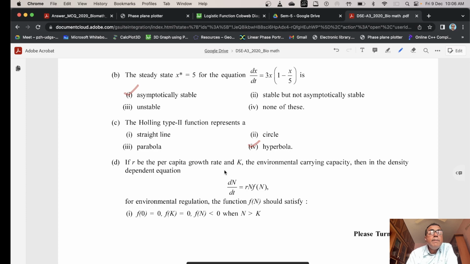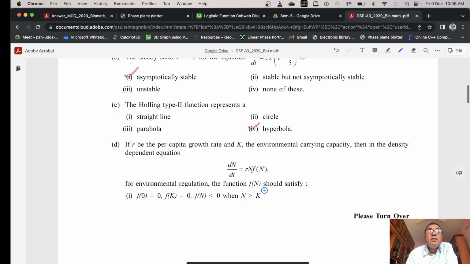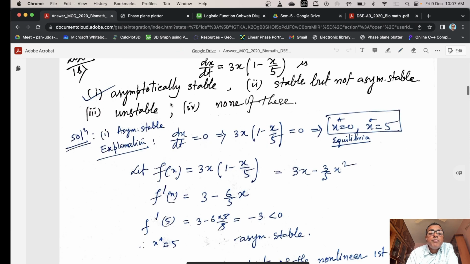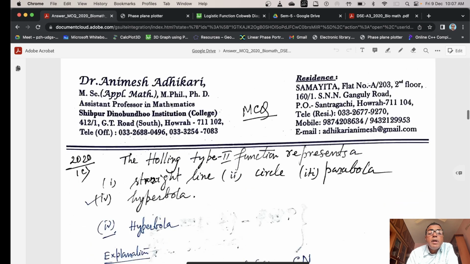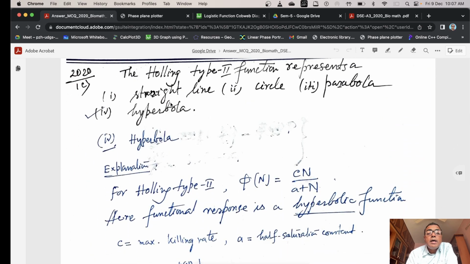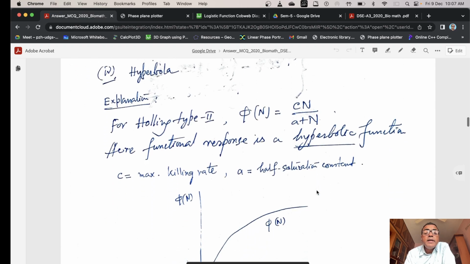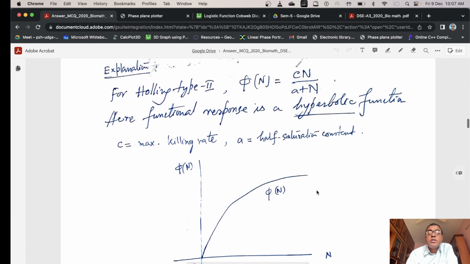Next question. The Holling type 2 functional response represents: correct option is 4, hyperbola, because Holling type 2 functional response can be described by phi(n) equal to Cn by A plus n, where C is the maximum killing rate and A is the half saturation constant.